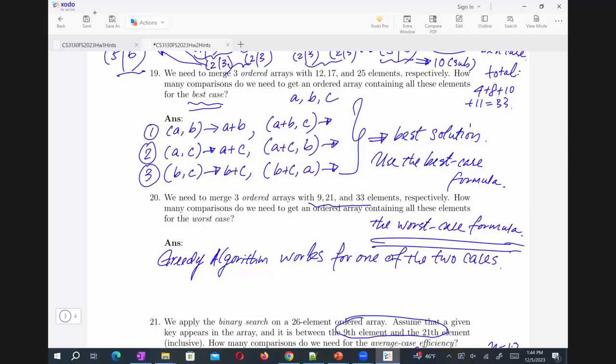If this approach gives us the best solution, then our conclusion is that the greedy strategy works for this method. But in one of the two cases, this greedy strategy does not work.